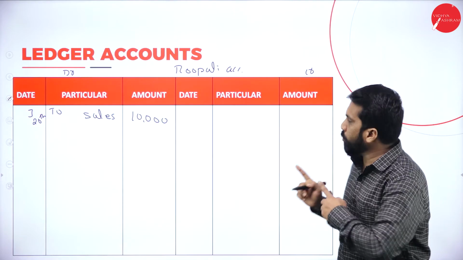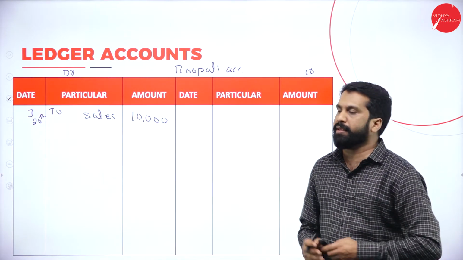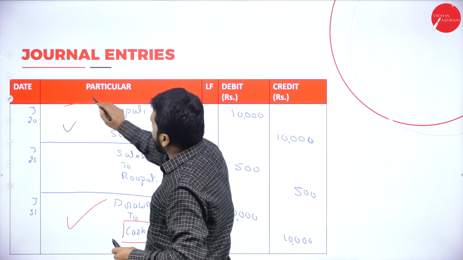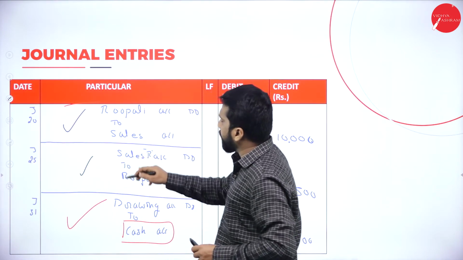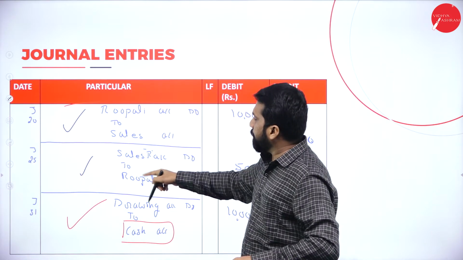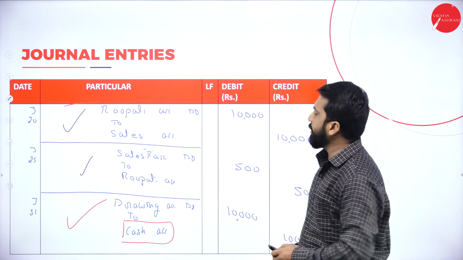If you are preparing the Rupali account, you should concentrate only on Rupali entries. In this we have done Rupali. Is there Rupali anywhere else? Yes, but where? Down. Down means which side? Your credit side. By sales return 500. Clear? Yes.